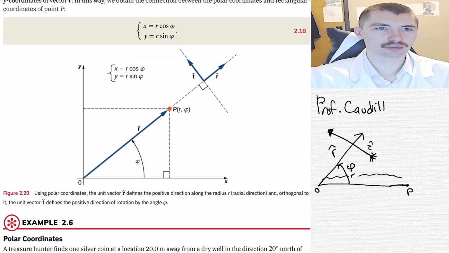So x equals R cosine phi. This is just building off of what we've already learned, basically using the trig formulas. It's saying this point is moved here, and P is R, the length, and phi.